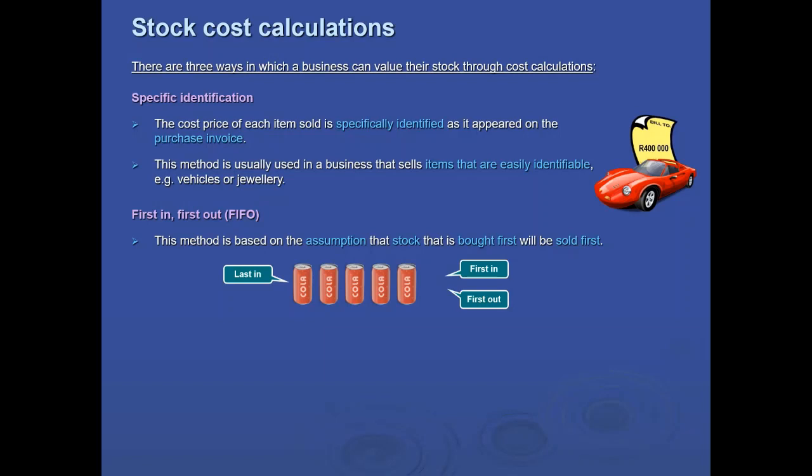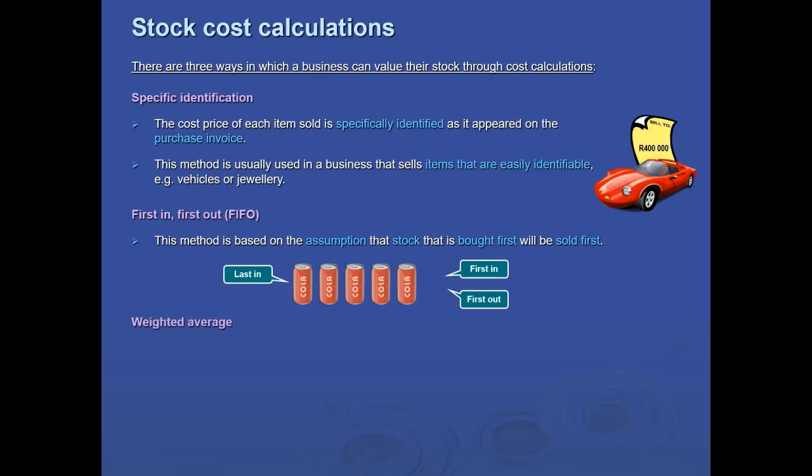So the assumption here is the first one in is the first one out. So the price we bought the first ones, that will be the cost price when we sell those first. Whereas what will be left in our stock will be the ones that we purchased last. That price will be used to determine the value of our stock at the end of the financial year.